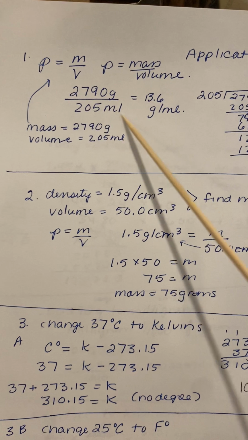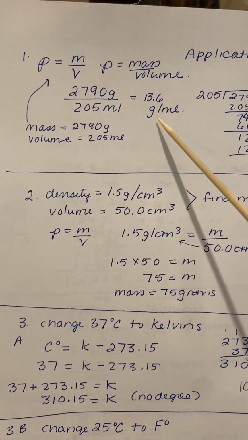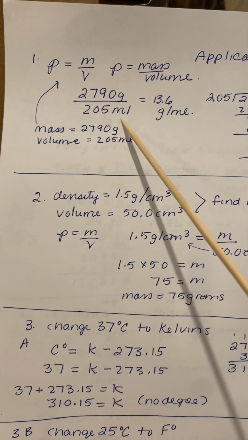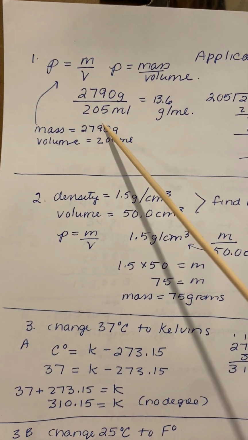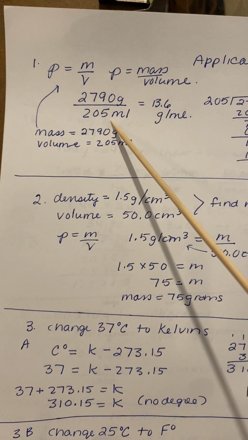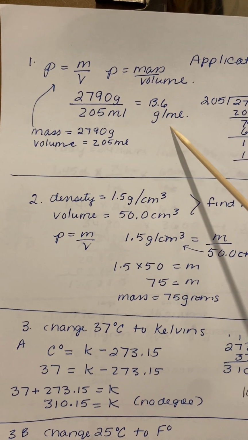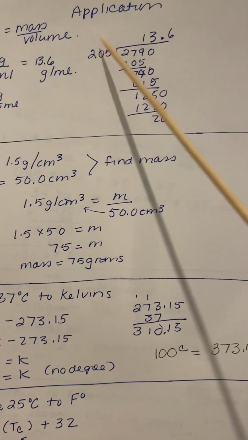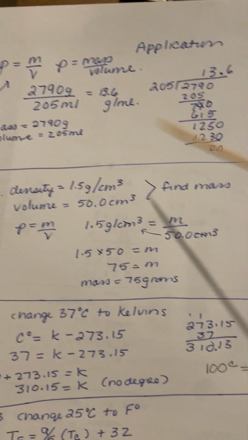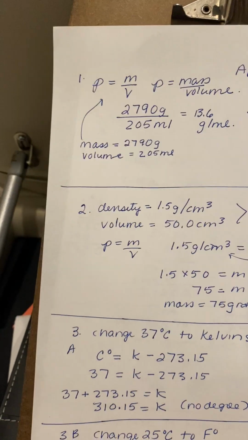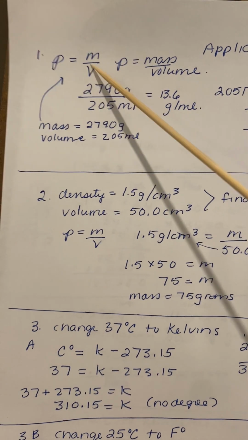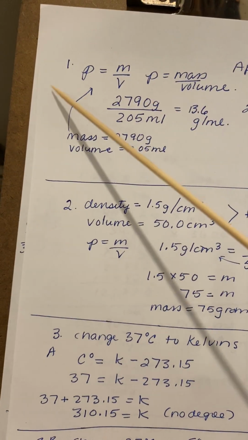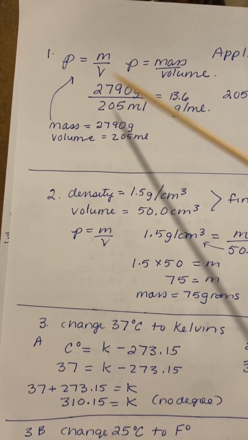If you divide these two numbers, you'll get 13.6, and that's going to be grams per milliliter, because mass is in grams and volume is in milliliters. So you have 13.6 grams per milliliter. I divided it out here, 205, so I got 13.6. So just know, when you want to find density, it's going to be mass over volume. You just plug it in as you do algebra. Just plug in those numbers.